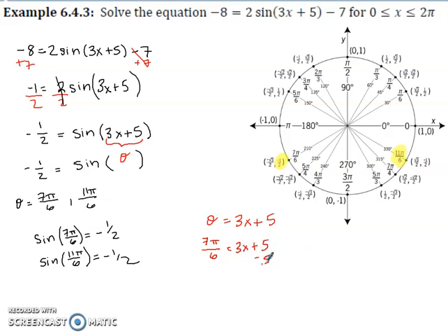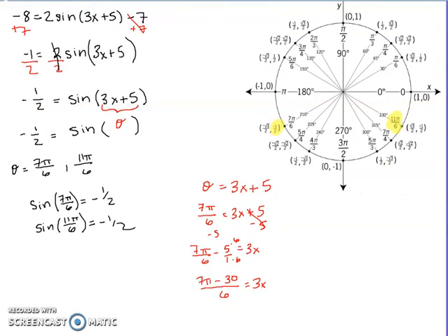So I subtract my 5 from the left and from the right. 7 pi over 6 minus 5 is equal to 3x, and then to get a common denominator, I'll multiply top and bottom by 6. So 7 pi minus 30 all over 6 is equal to 3x.